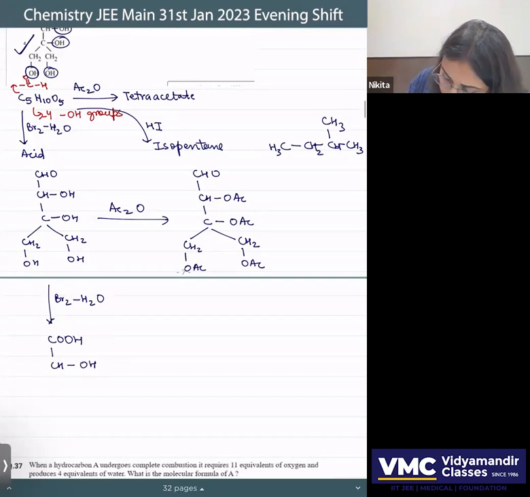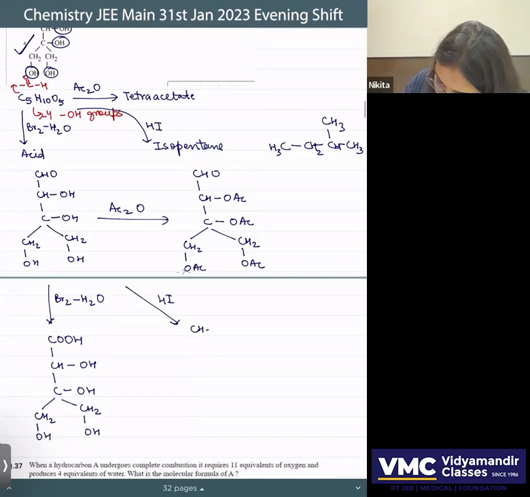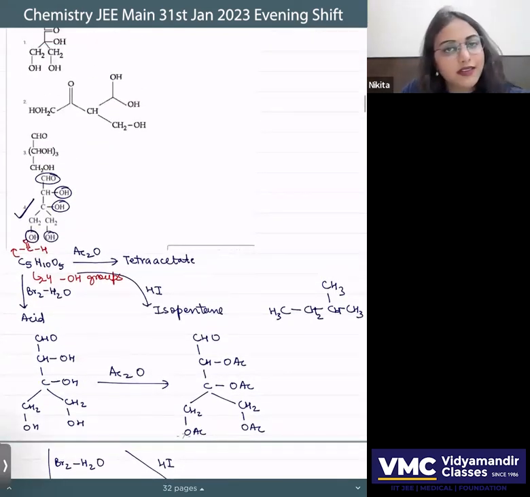The CHO group gets oxidized to carboxylic acid. And on reduction with HI, it will form isopentane. So option 4 is the correct option.